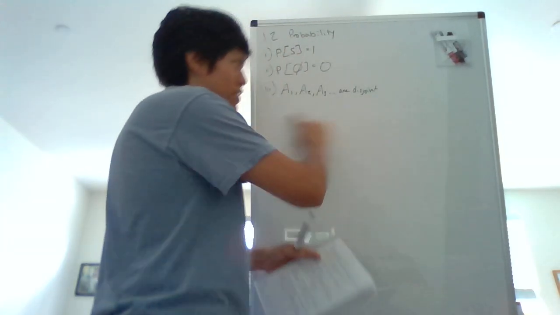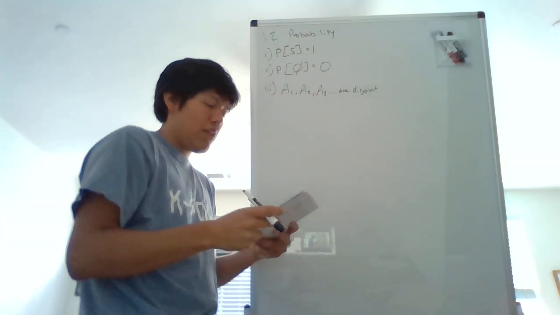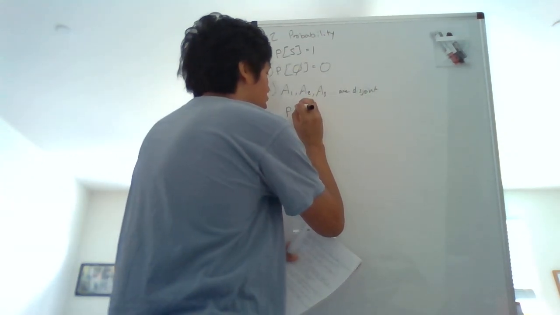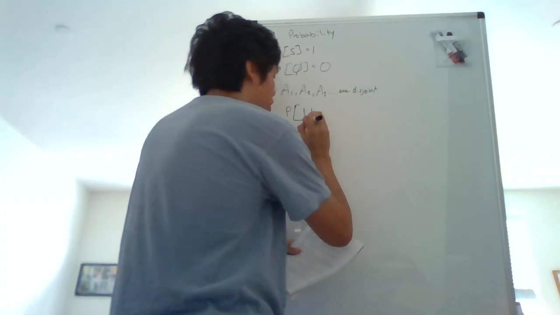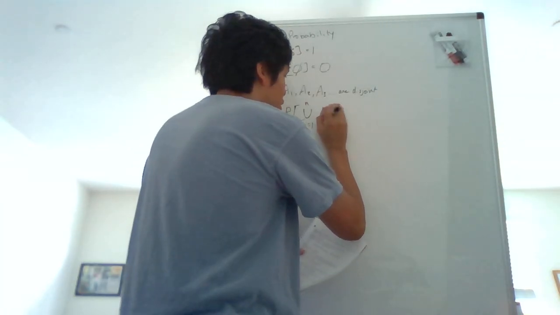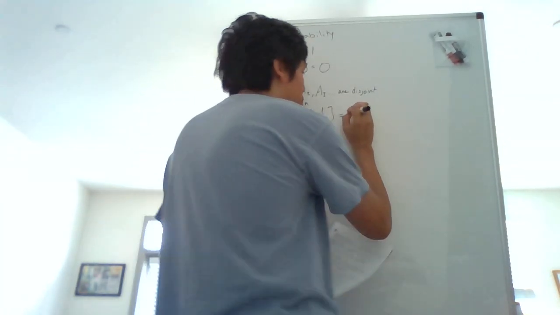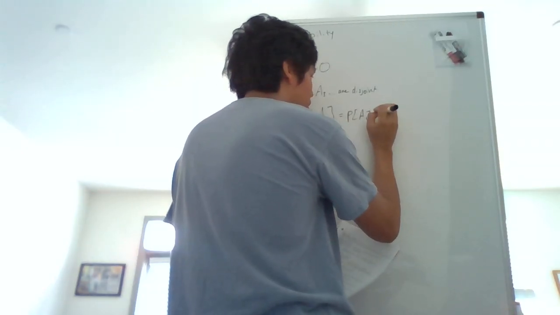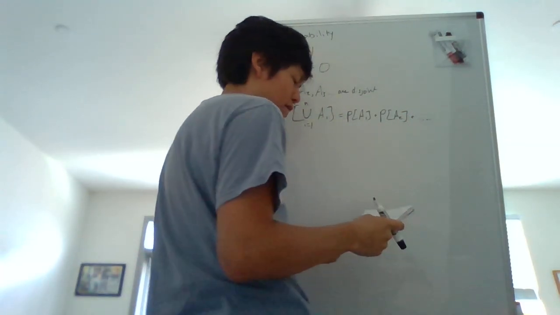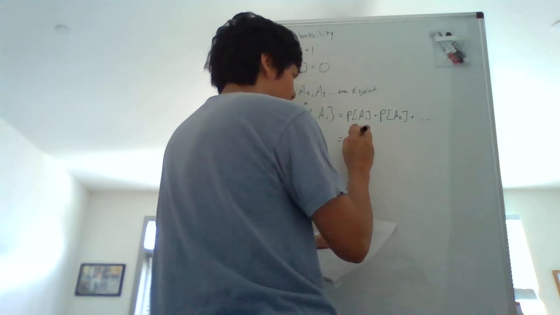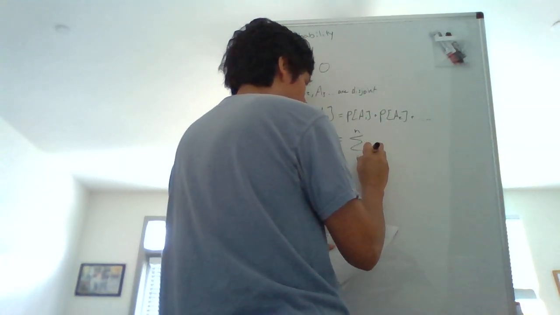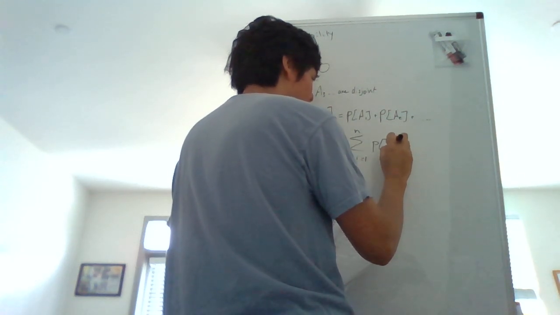So if we have events that are disjoint, then the probability of the union of all of the events is equal to the probability of event A1 plus the probability of event A2 plus all the way, which equals the summation of all the events, equals the probability of the summation of all the events.